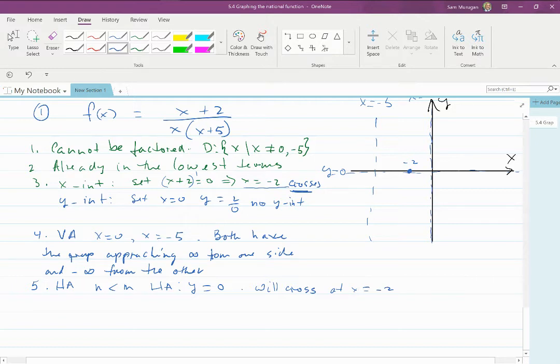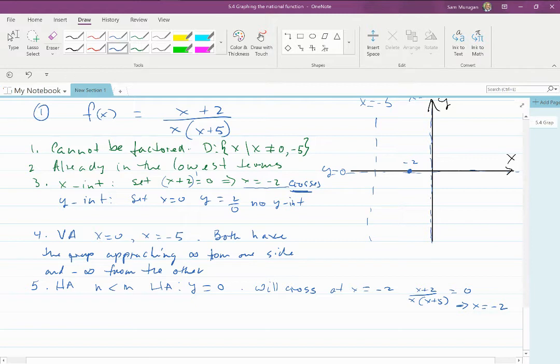If you wanted to do a calculation for that, you would take the whole function, set it equal to the horizontal asymptote, and if we solve this, you get x is equal to negative 2. But there's no need to do that because we already know that it's going to cross and we know that the x-axis is a horizontal asymptote.